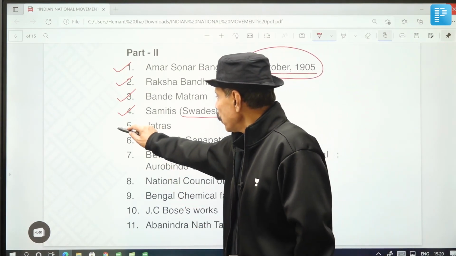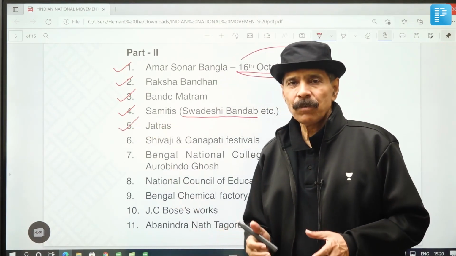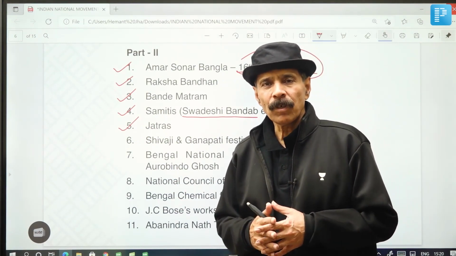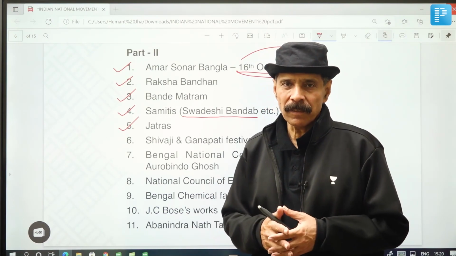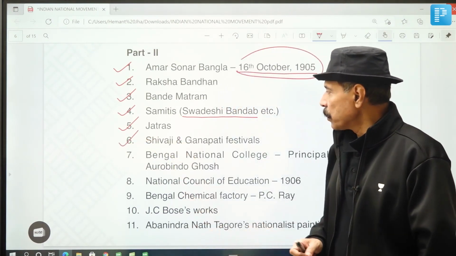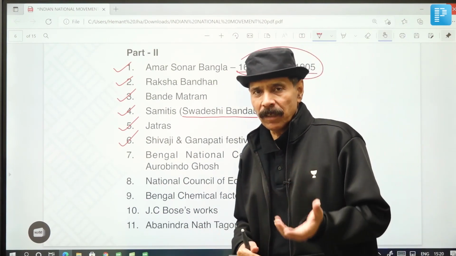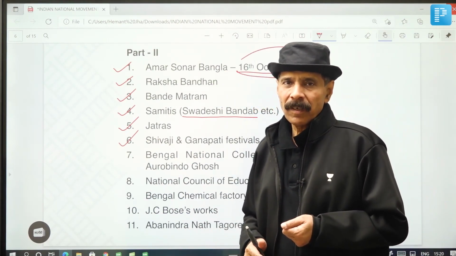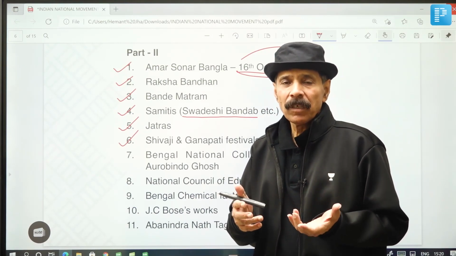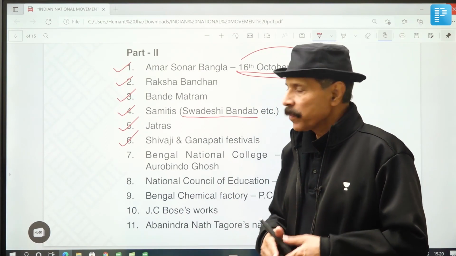Next is Jatras. Jatras refer to Bengali folk drama. This was also used for propagation of Swadeshi ideas. Next, Shivaji and Ganpati festivals started by Bal Gangadhar Tilak. And these festivals were meant for inspiring people for the nationalistic struggle.